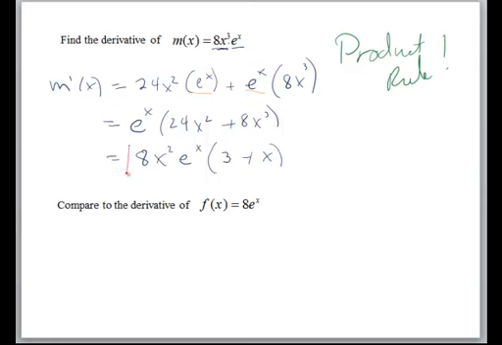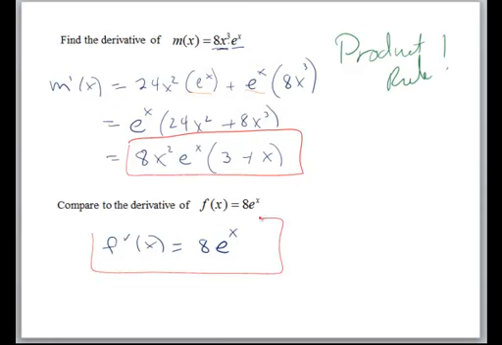And there's our derivative. And it's simplified. For the second example, like I said, this is a constant. So f prime of x is just going to be equal to 8 times whatever the derivative of e to the x is, which is e to the x. Okay, so as you can tell, we solve them in a very different way. We use different rules, and the answers look very, very different.